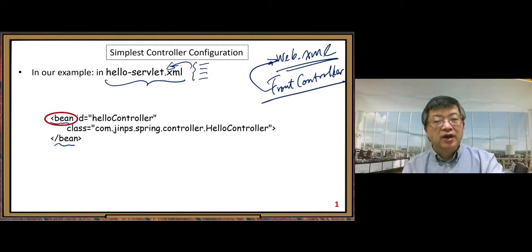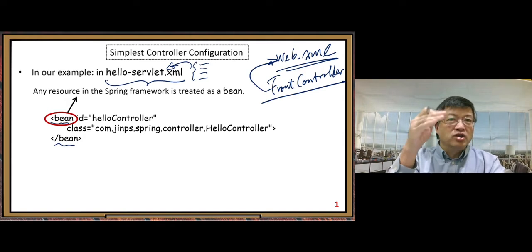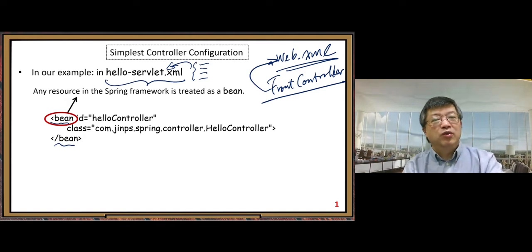First, we use the bean element. So what's the meaning of bean? In Spring, any resource in the Spring framework, we can call it a bean. So not necessarily a Java bean, much broader than a Java bean. Any resource, we can call it a bean. We configure it as a bean.